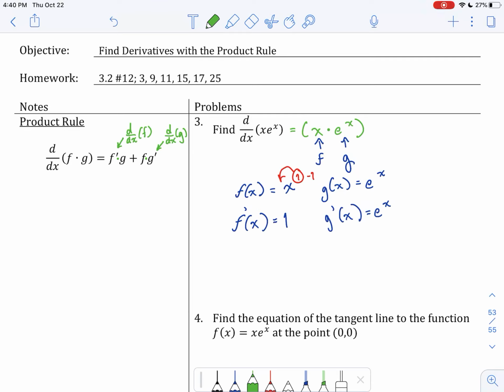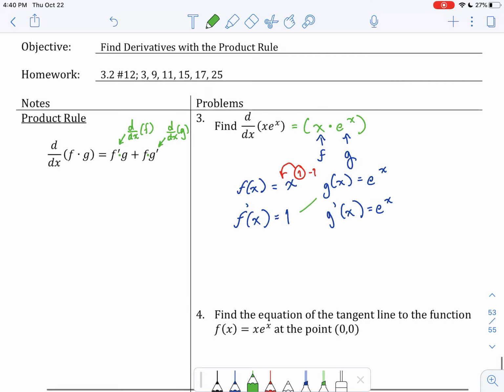So f times g prime, so these two multiply together first. So we get x times e to the x, and then f g prime, that was f g prime, I apologize, g prime f, not that because it's addition order really matters, but let's follow the formula the first time.